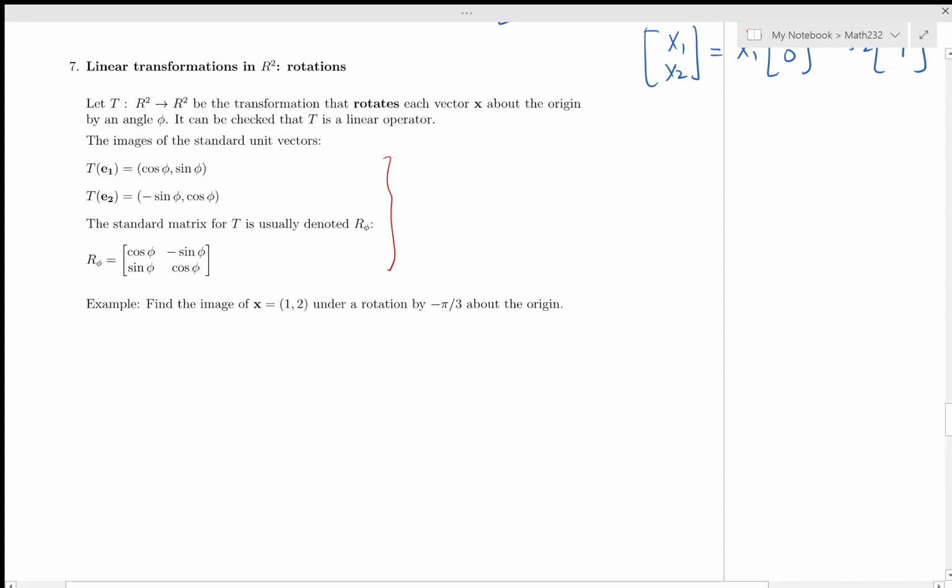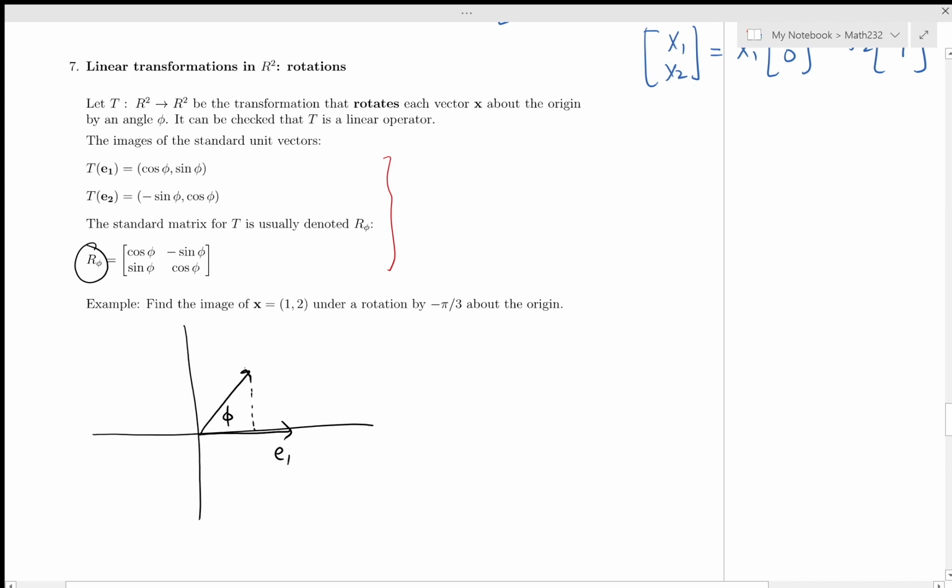So what we're going to do to get that standard matrix is we're going to see what happens. Before I answer the question that's here, let us first take a look at how you come up with that transformation matrix, this one here. First we take the vector E1 and we rotate it by an amount phi. And then we ask, where is that vector? Okay, and so then we can just drop down this thing here.